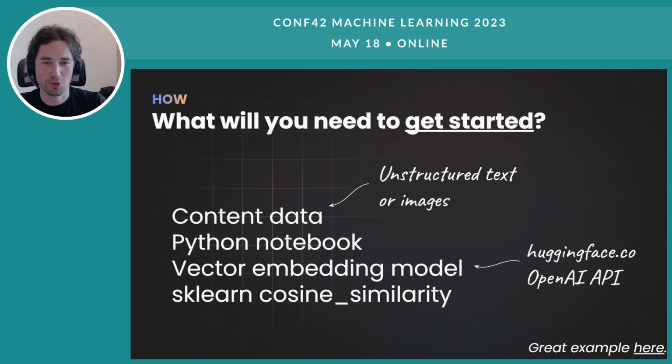And then finally, you have your content, you have the vectors that represent the content, and you want to find similar vectors to see, for this image, which ones are similar. You don't need any extra infrastructure for this. There's a bunch of libraries in Python like sklearn that have built-in cosine similarity.